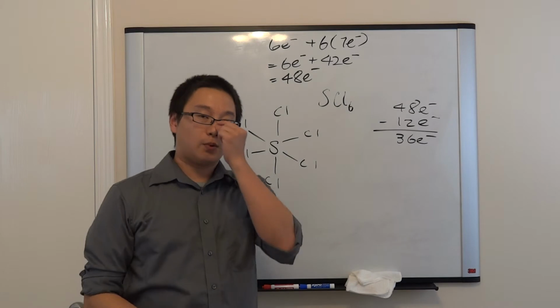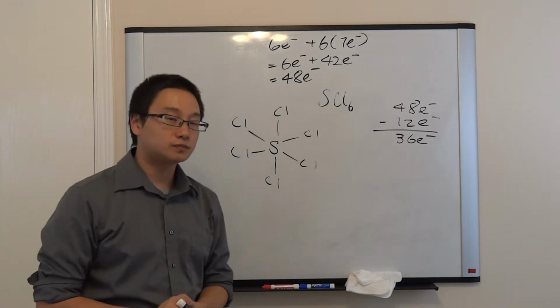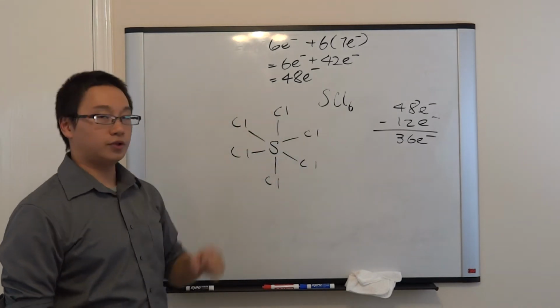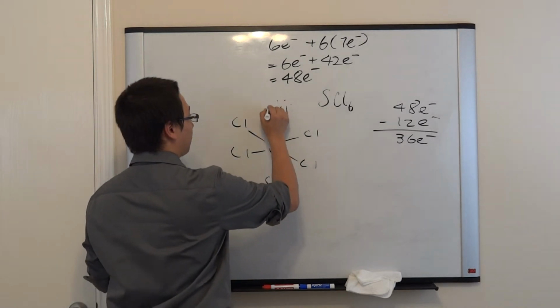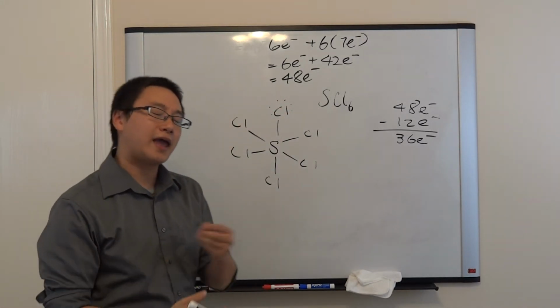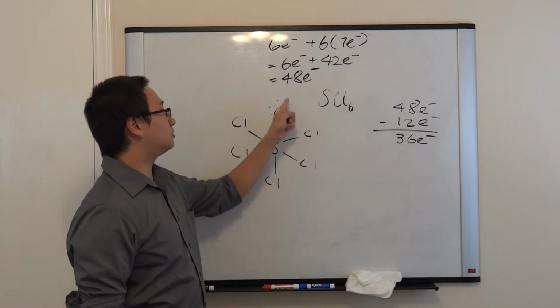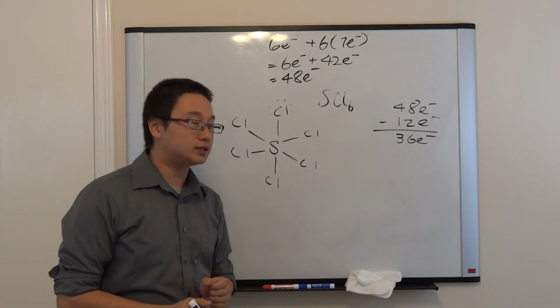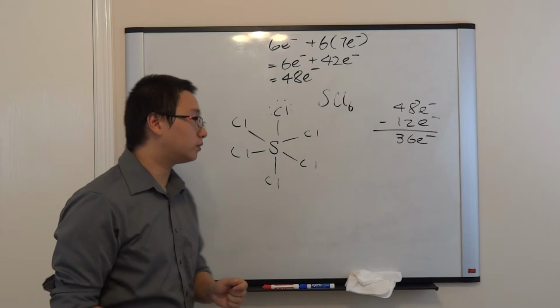Now we do the same thing. We'll put these valence electrons onto the chlorine to make sure they're octets, one by one. 1, 2, 3, 4, 5, 6. Okay, now I'm not going to count it one by one because it's kind of tedious. So if I draw 6 electrons on one single chlorine to make an octet, and we have 1, 2, 3, 4, 5, 6 chlorines total.